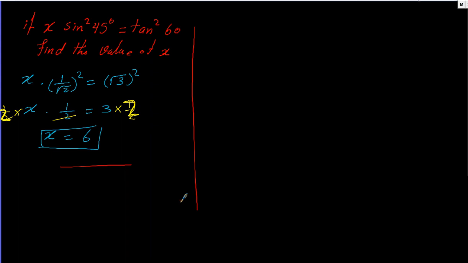Find x, if tan x equals 4 sine 30 cosine 60. Okay, so tan x equals 4, sine 30 equals what?